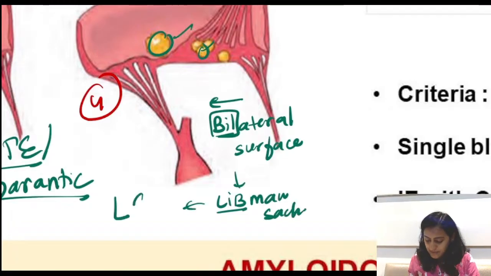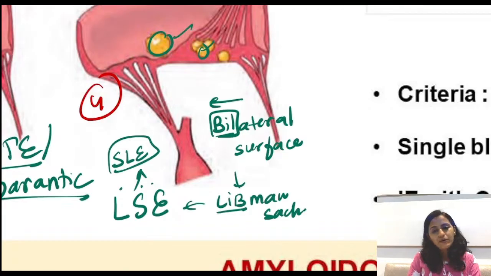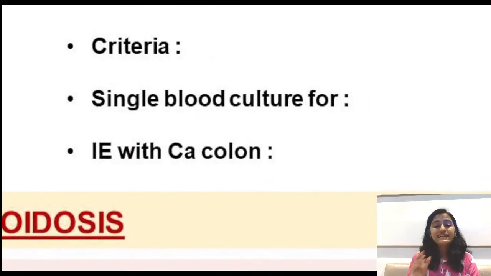And where do you see Libman-Sacks endocarditis? Libman-Sacks endocarditis, that is LSE, is seen in SLE. So remember that LSE is seen in SLE. Bilateral surface is Libman-Sacks.